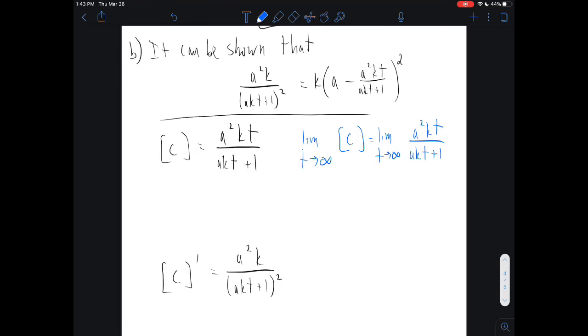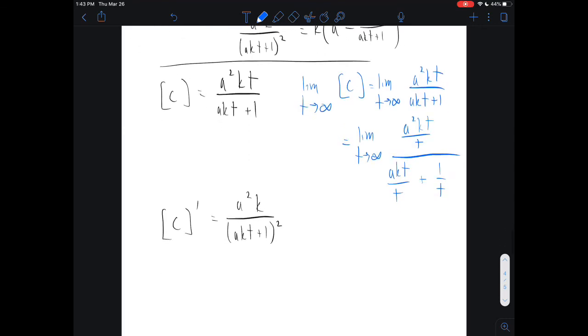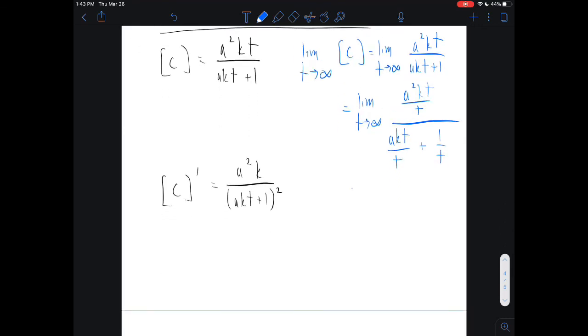So in this case, the highest power of t is just t to the first. So I'm going to divide every single term by t. And I have to do this in the numerator and the denominator.